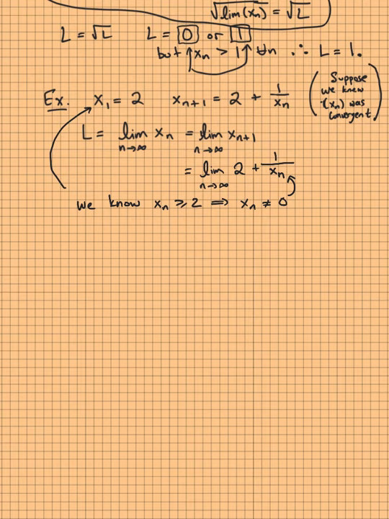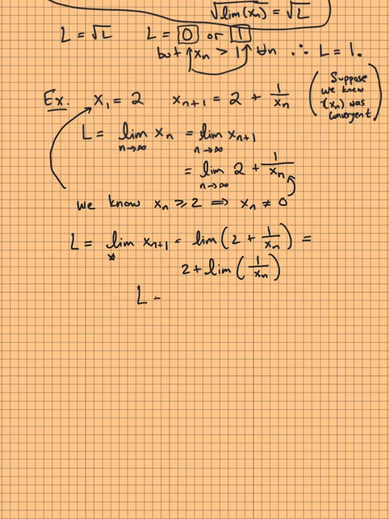So now we apply the same idea, and we get that L is equal to the limit of the xn plus 1's, which is the limit of 2 plus 1 over xn, which is 2 plus the limit of 1 over xn.